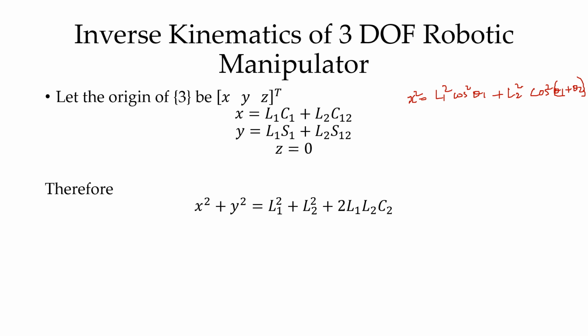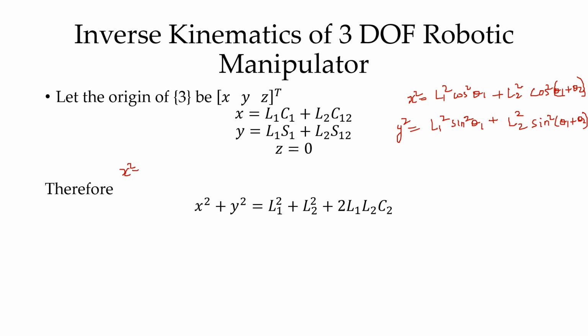This is x square. And what is y square? y square is equal to L1 square sine square theta 1 plus L2 square sine square of theta 1 plus theta 2. Basically, we are adding both these things.